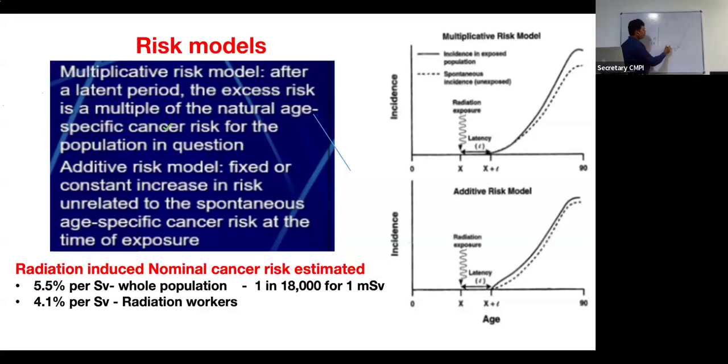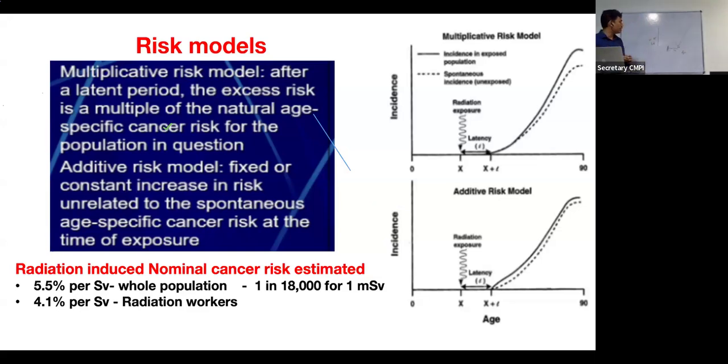Now, suppose this is the period where the exposure happened. After certain years, the effect starts. Again, the probability increases with age. This is the time or age. In the additive risk model, this dashed line is the natural incidence. Because of radiation, at every age there is a certain additional risk, but that additional risk quantity is the same throughout the age.